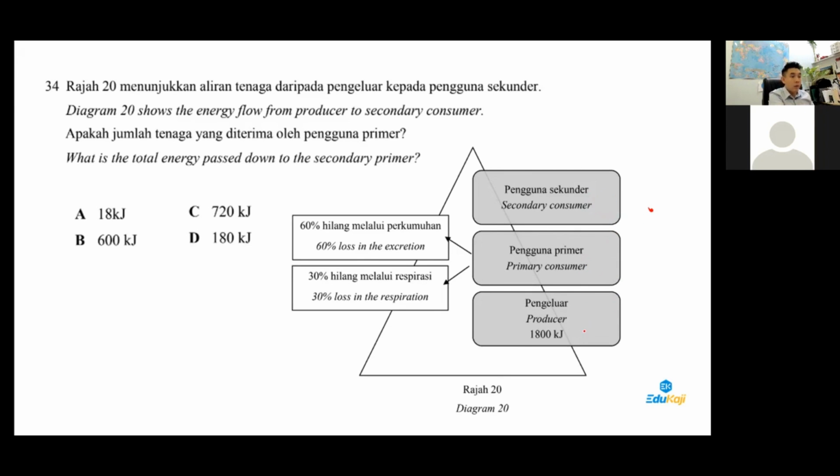Producer takes up 180. Total energy passed to secondary. So 100%, another 90% lost, 10% maintained, 18 kilojoule. Guys, 34 answer is A.